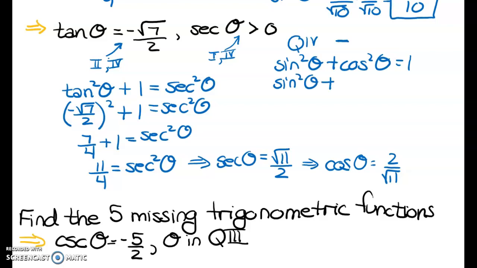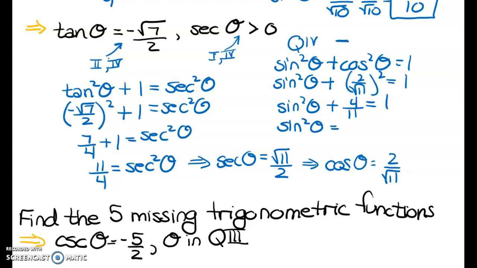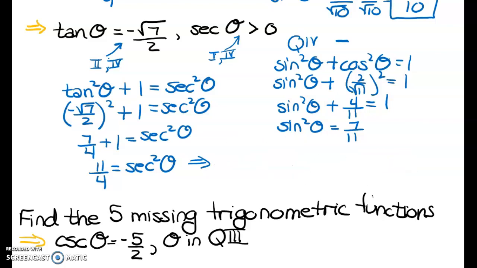Sine squared plus 2 over radical 11 squared equals 1. Sine squared plus 4 over 11 equals 1. So when I subtract, sine squared is going to be 7/11. And now let me erase this so I have room to finish. So when I take the square root, I'm taking the negative.